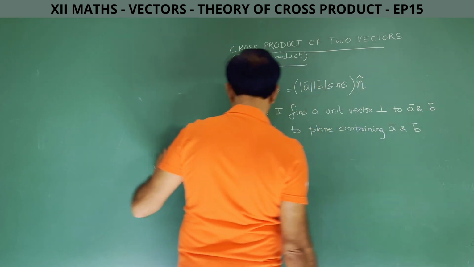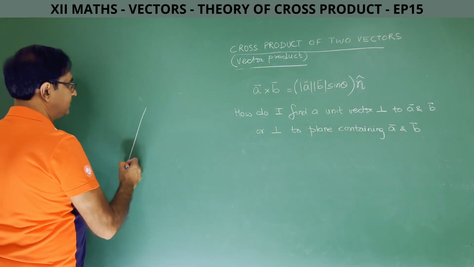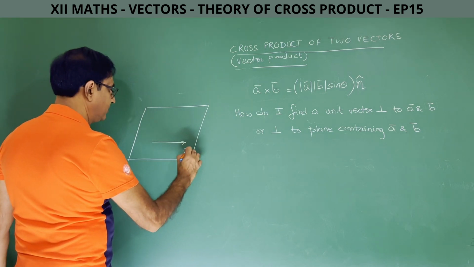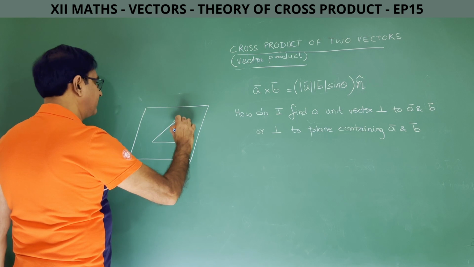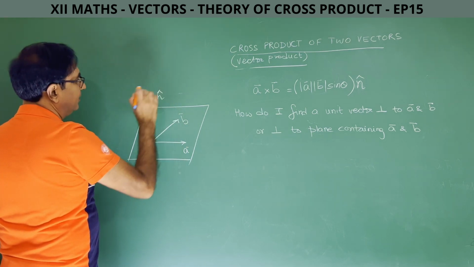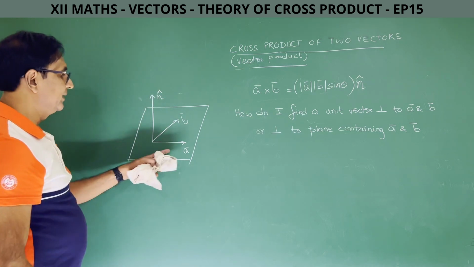This is my question. Let me draw a diagram for you. This is the plane. This is vector A. This is vector B. You want to find a unit vector perpendicular to the plane containing vector A and B.